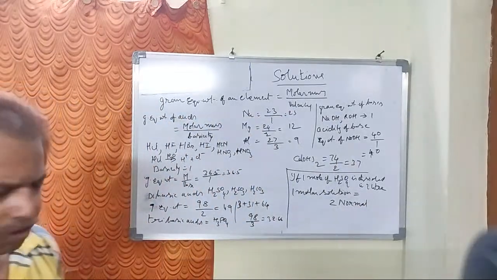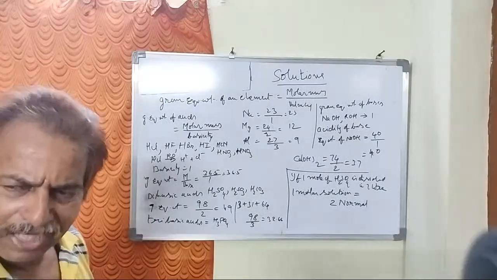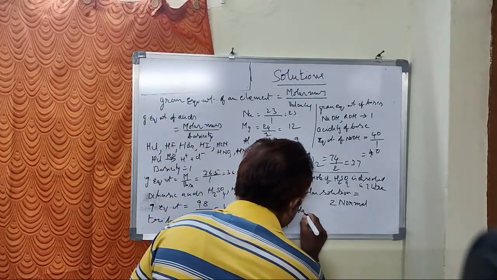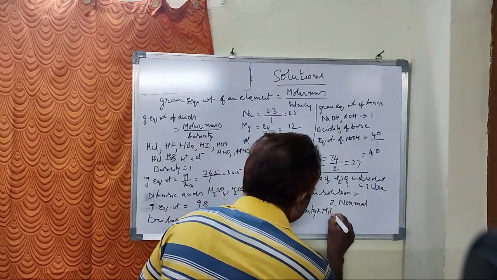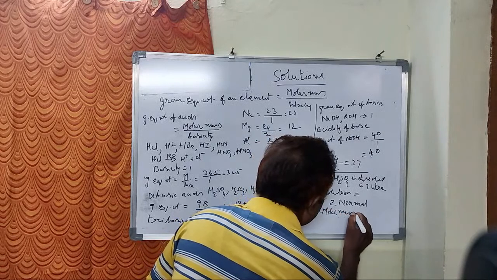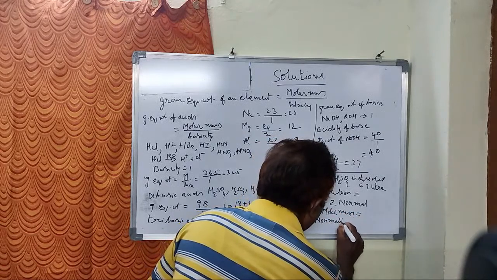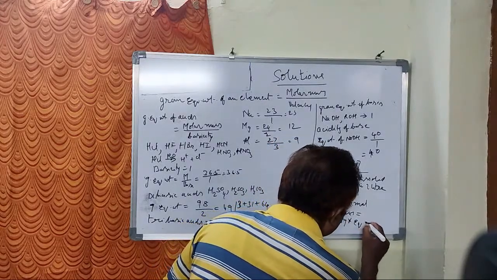Therefore, an easy method to convert molarity and normality: molarity into molar mass is equal to normality into equivalent weight.